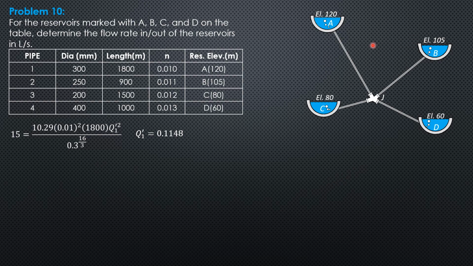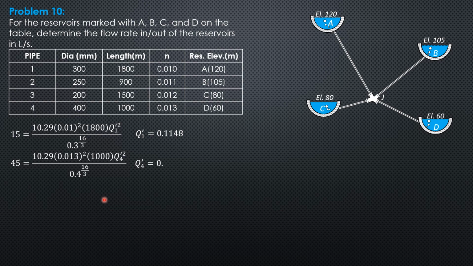And we're supposed to compare it with Q3 prime and Q4 prime. So we'll just compute Q4 prime. Anyway, if Q4 prime is greater than Q1 prime, then there's no need to compute Q3 prime. Q1 prime will already be less than Q4 prime. So 105 minus 60 is 10.29, 0.013 square, length 1000, Q4 prime square over diameter 0.4 to the 16 thirds.